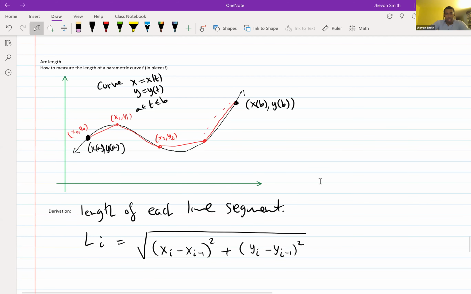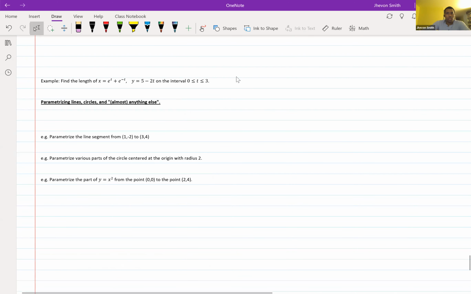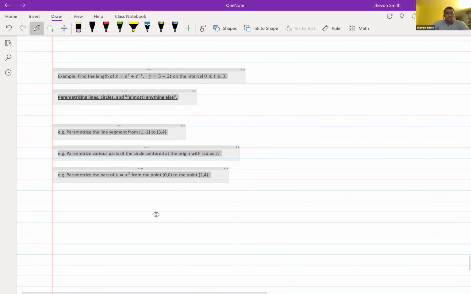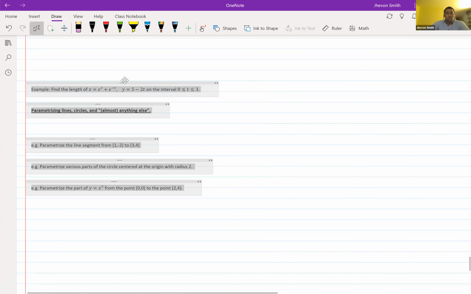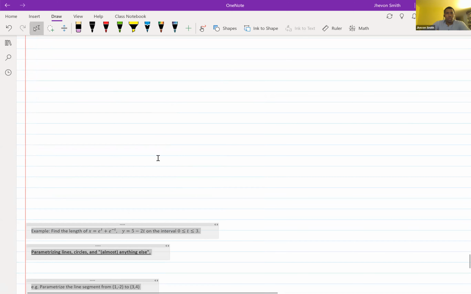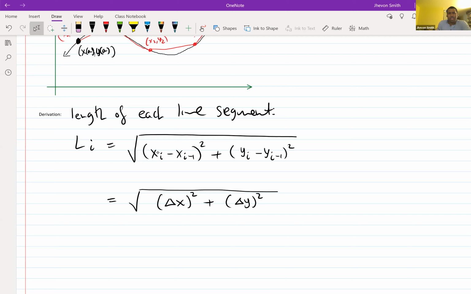Okay. Now, one way we can think about this is that this is just a change in x. This guy here is just a change in y, right? For the ith location.